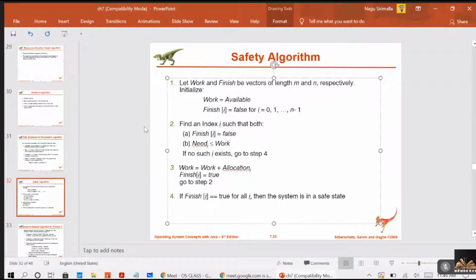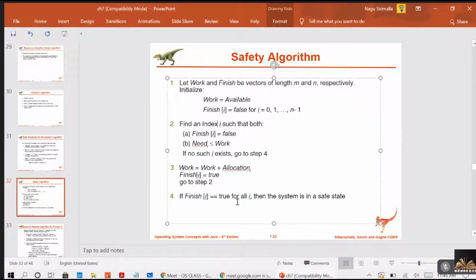అంటే ఏంటంటే, if your need is less than or equal to available, your process is not completed and your process need is less than or equal to the available resources, then what you do is you go to step 4. అంటే ఏంటంటే, these resources will be allocated to the process and then finally finish of i is equal to true.